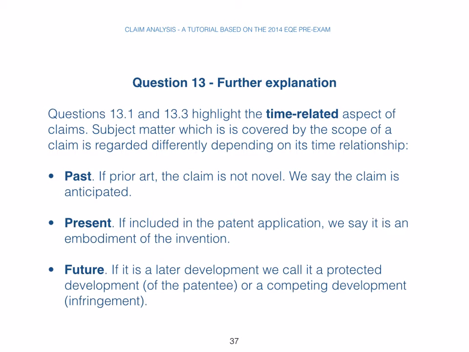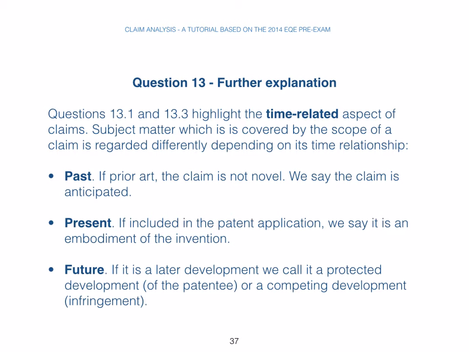If we're at the present, meaning the date of filing the patent application, if the subject matter is included in the patent application and covered by the claims, we say it is an embodiment of the invention. For the future, if a later development comes along, we call it a protected development of the patentee or the patent applicant, or a competing development or an infringement from a competitor.